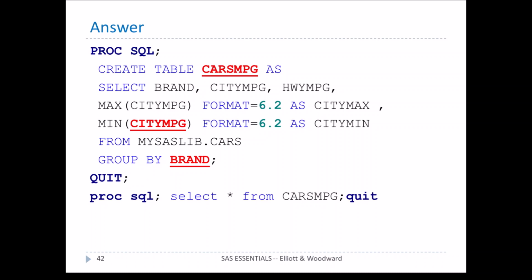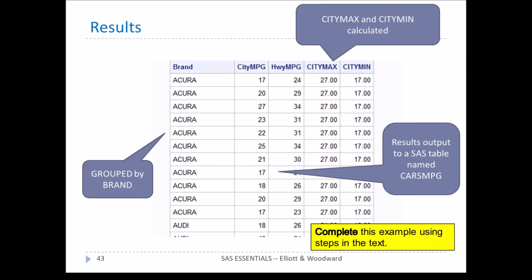You got those right. So as you can see, we can create new variables and choose how we want to group things depending on what we want to do. And here are the results. In this case, we grouped by brand, so Acura came first, being earliest in the alphabet.